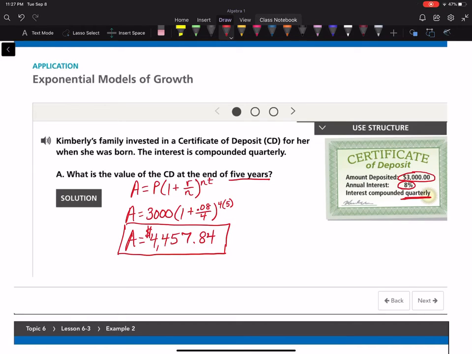So you can compound things monthly. If you compound it monthly, that means you'll compound it 12 times in a year. If you compound it weekly, N would be 52. If you compounded it daily, N would be 365 because there's 365 days a year. So it just really depends on how many times you're compounding.